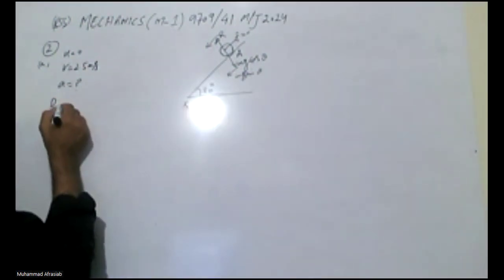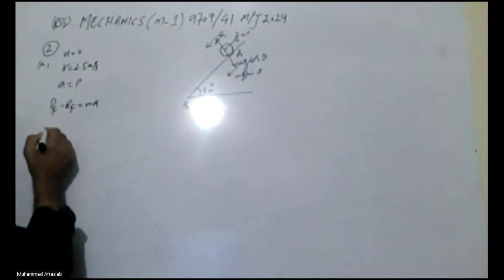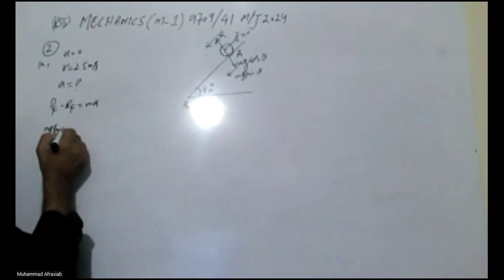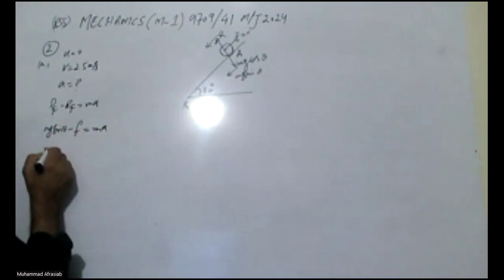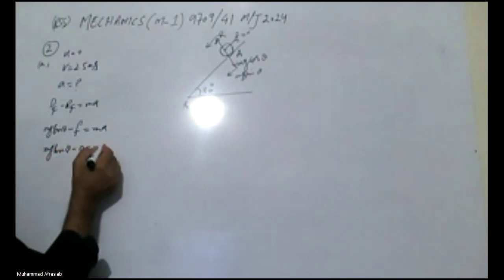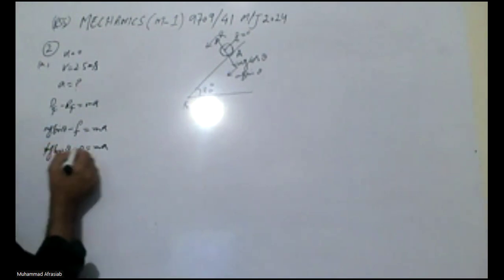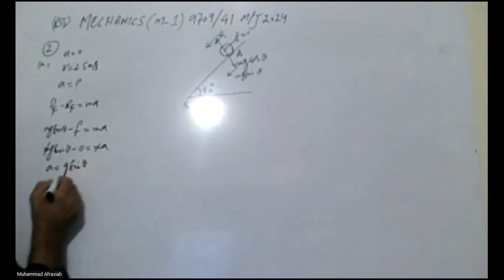We know the equation: driving force minus resistive force is equal to net force. Driving force is mg sin theta, minus frictional force is equal to ma, or mg sin theta minus 0 is equal to ma. M and M cancel, so a is equal to g sin theta.